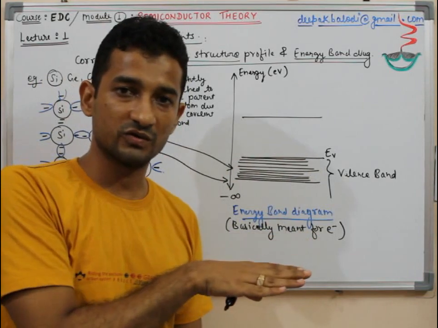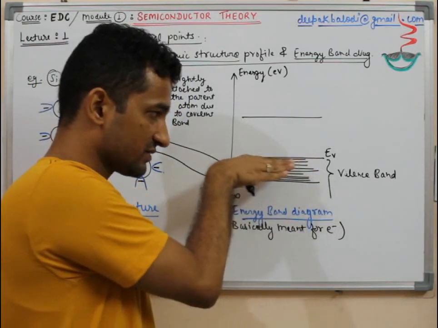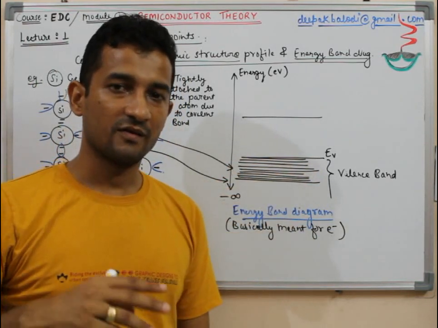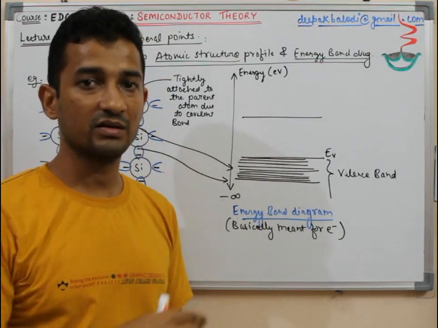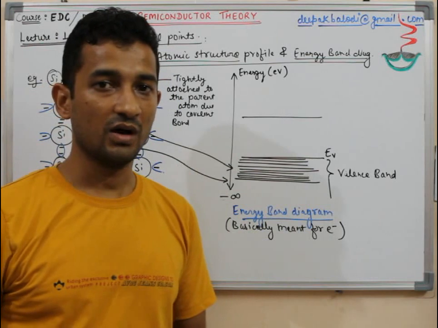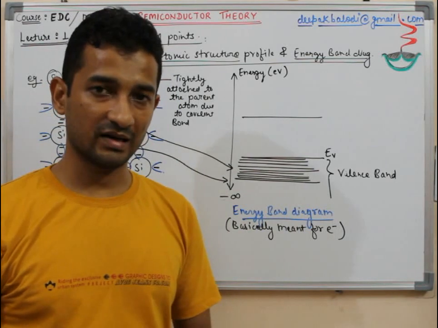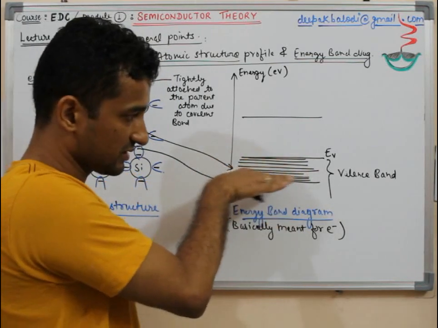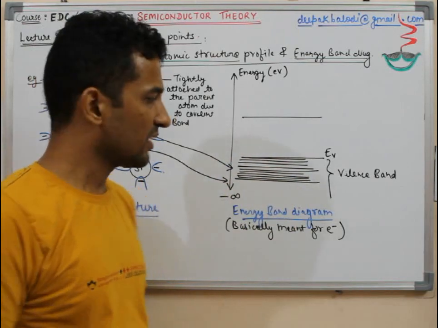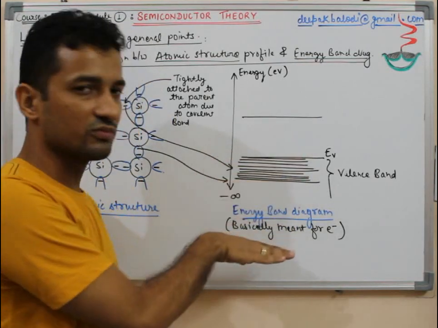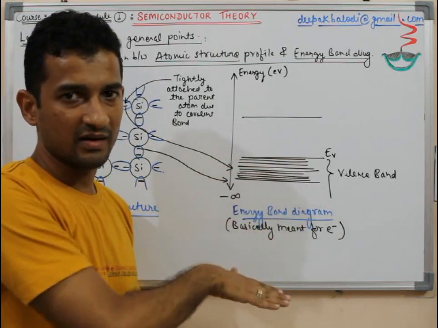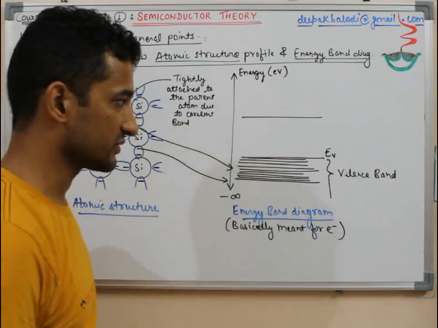It is not truly continuous, there is a discrete gap, because for any two electrons, even if they are both valence, the absolute energy value cannot be exactly the same. But basically we do not go that deep, and we assume roughly that the band is continuous, though actually it is not.